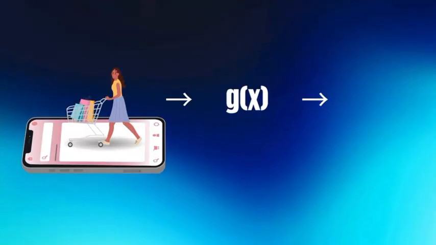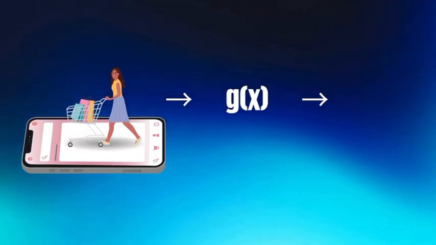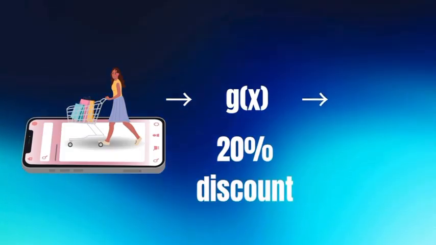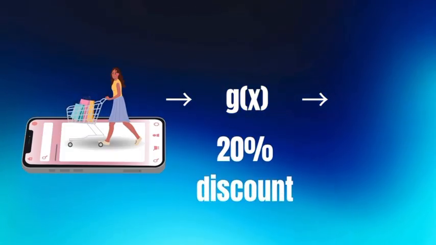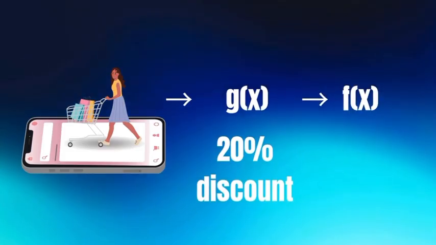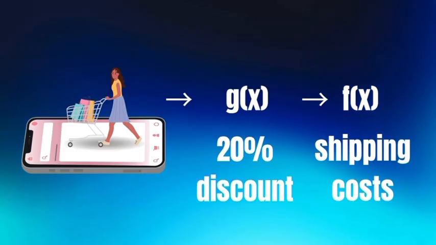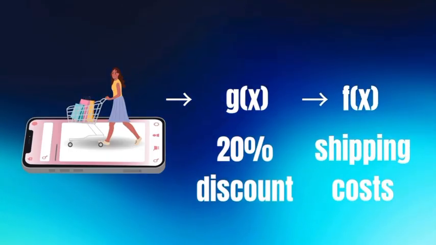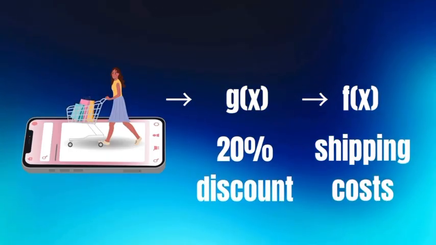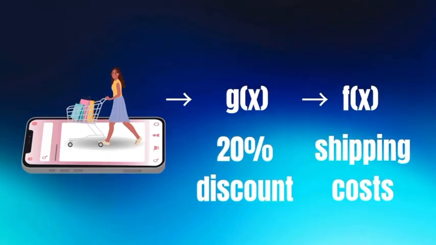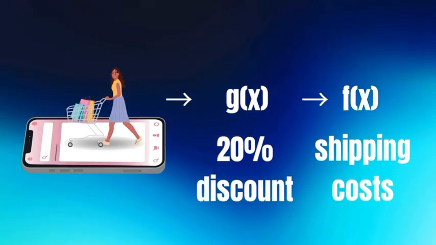Let's say g(x) is a function that applies a 20% discount to your item. After the discount, f(x) is a function that adds shipping costs. The final price you pay is f(g(x)). You don't apply shipping to the original price. You apply it to the result of the discount. The order matters.